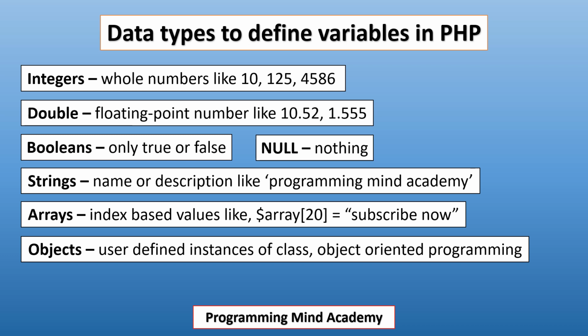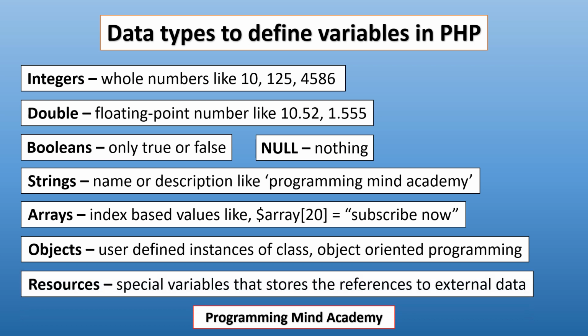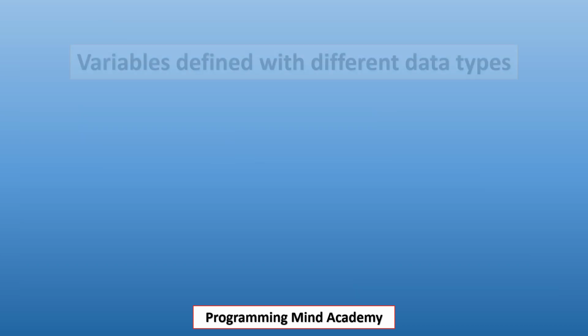We will learn this in object oriented programming in PHP in upcoming videos. And the last one is resources. These are special variables that store a reference to external data. Let's assume we need to store links or addresses of database connections. We can store them as resources.